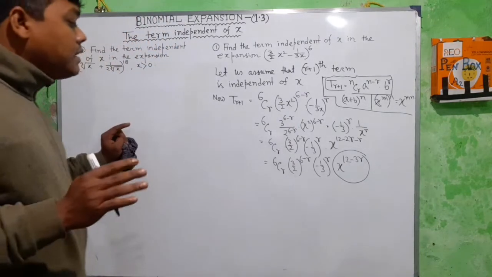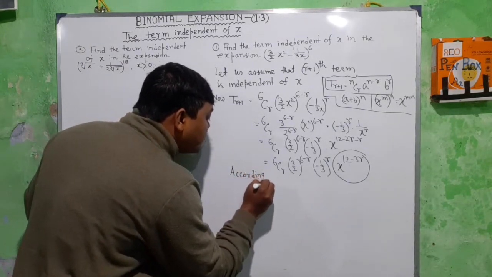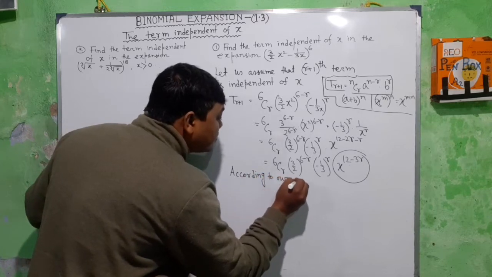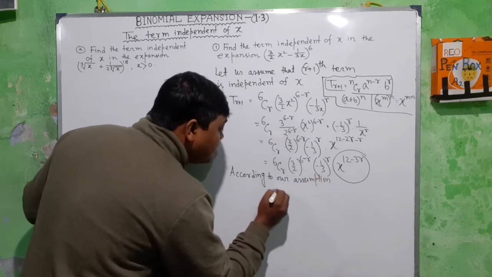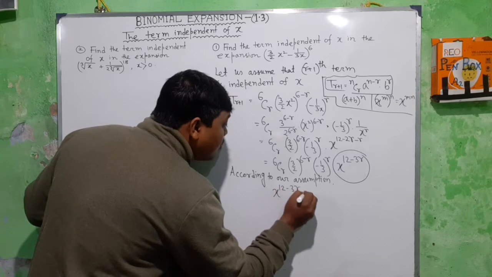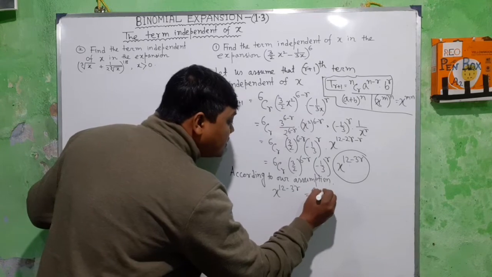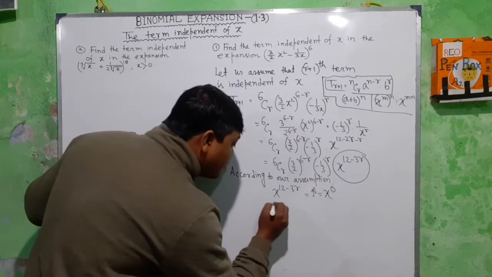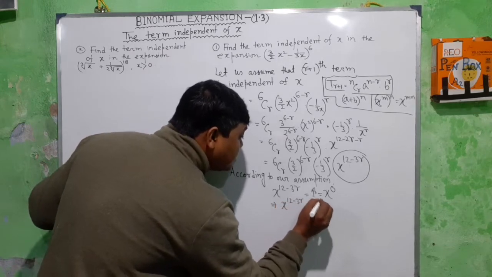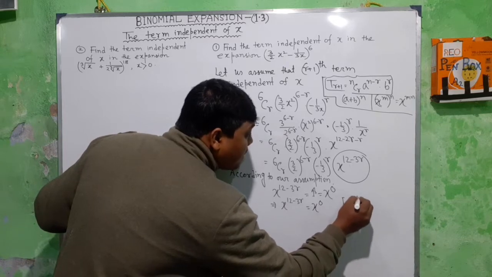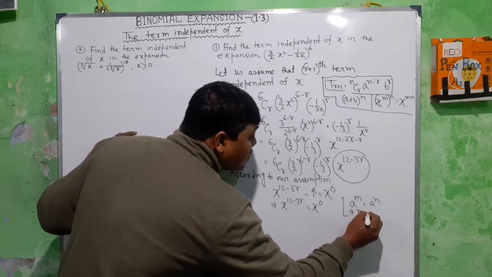So x to the power 12 − 3r must be 1, and according to the indices rule we can write this as x to the power 0. So x^(12−3r) = x^0, and we know that a^m = a^n means m = n according to the law of indices.